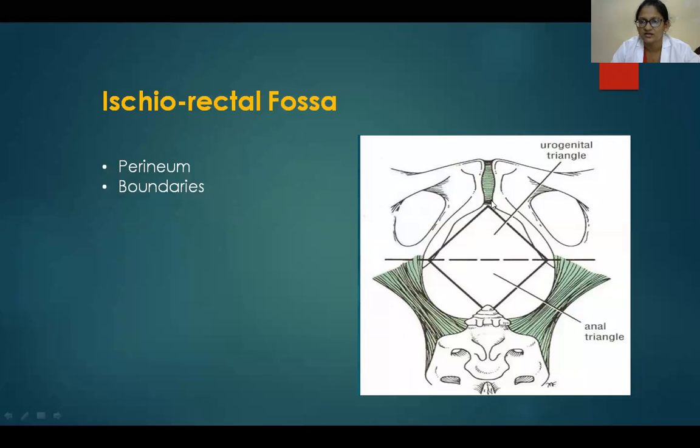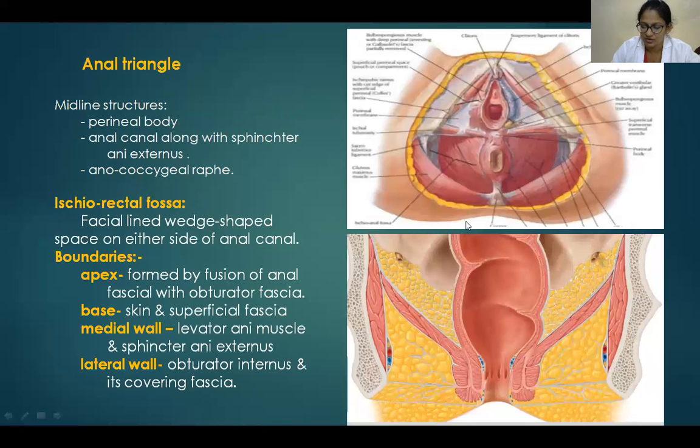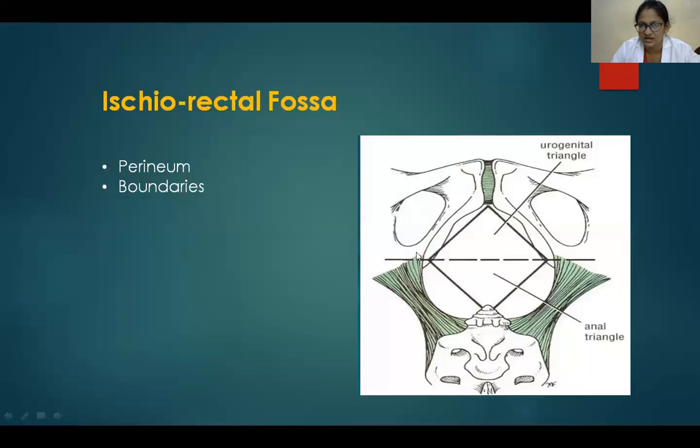Anteriorly, it is related to the pubic symphysis and pubic arch, and anterolaterally it is related to the ischiopubic ramus along with the ischial tuberosity.